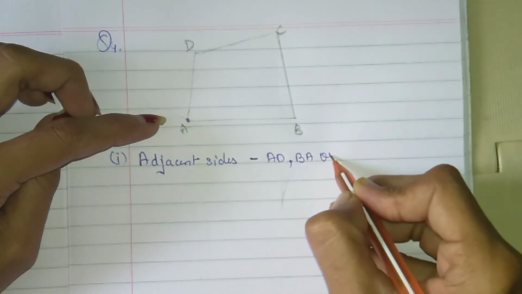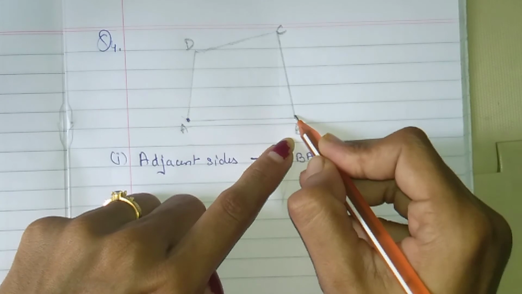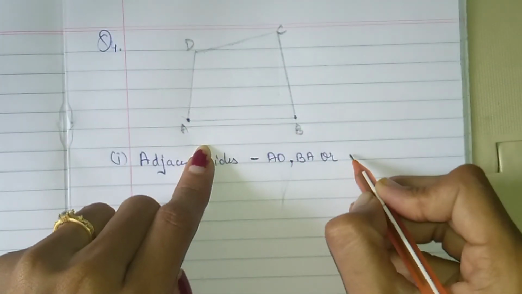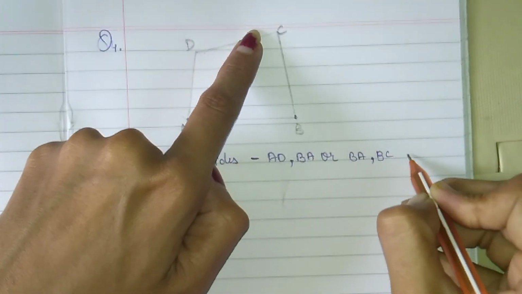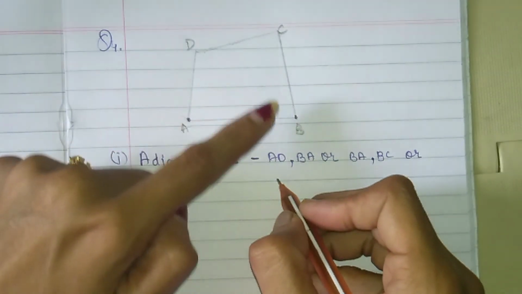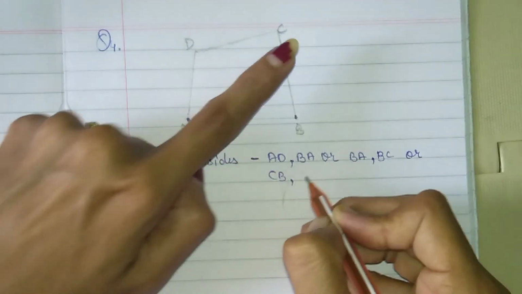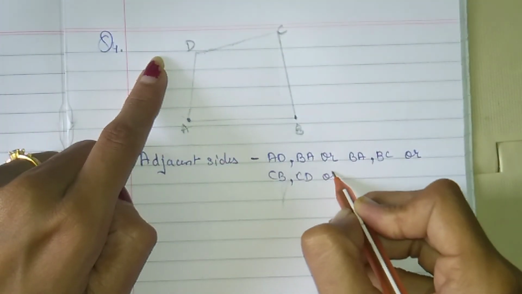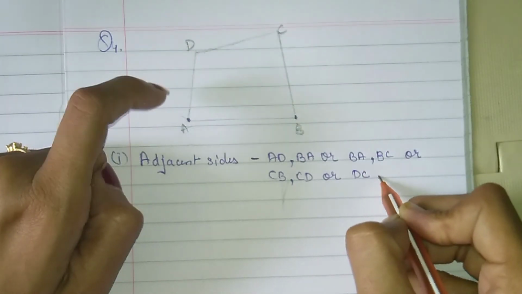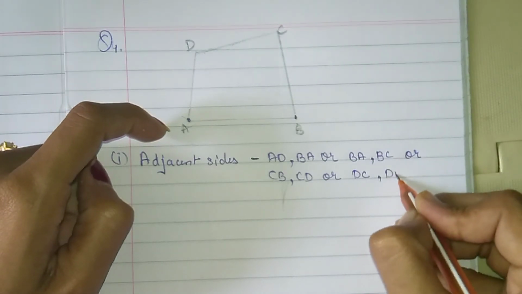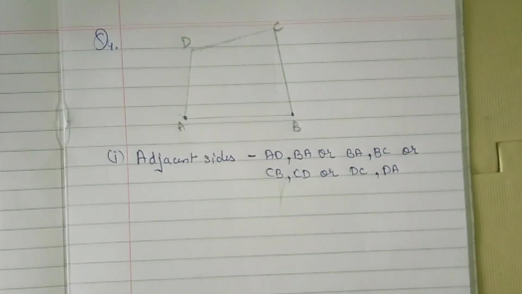Or you can write B as the common vertex, so BA comma BC, or C as the common vertex, so CB comma CD, or D as the common vertex, then DC comma DA. Okay, these are the pairs. You can write one only.